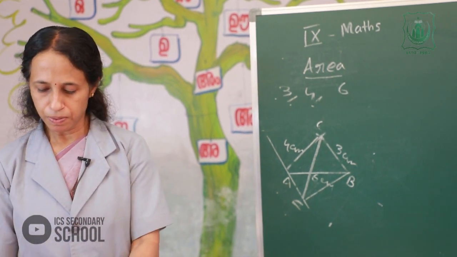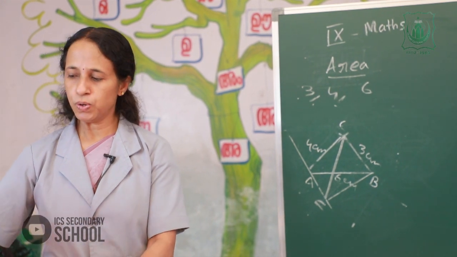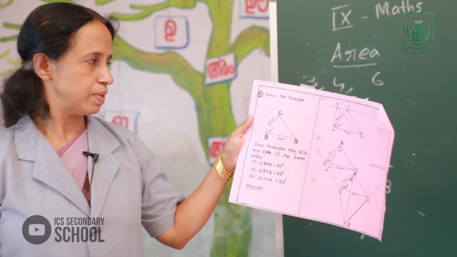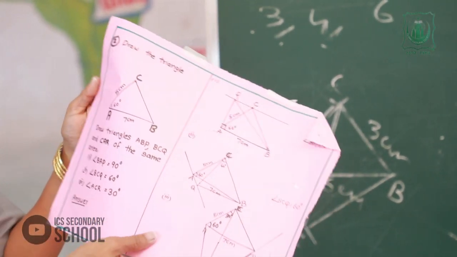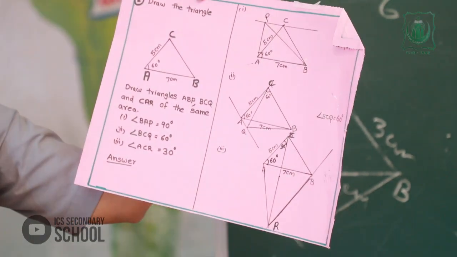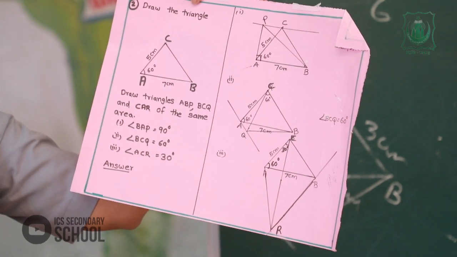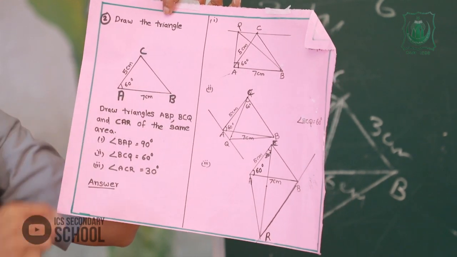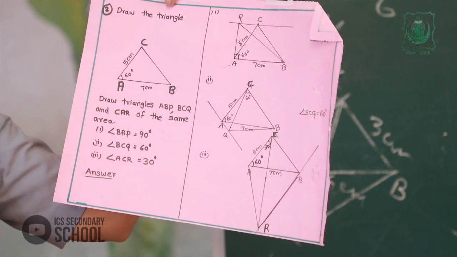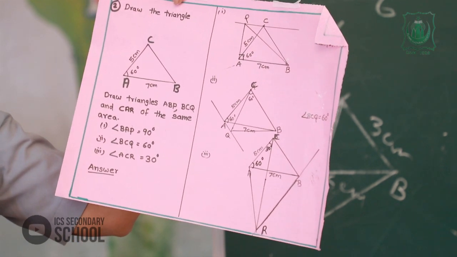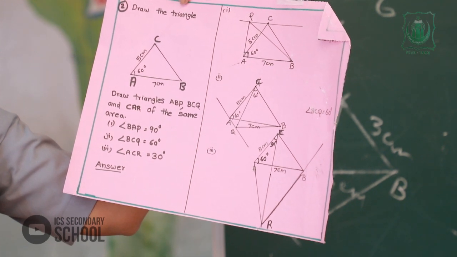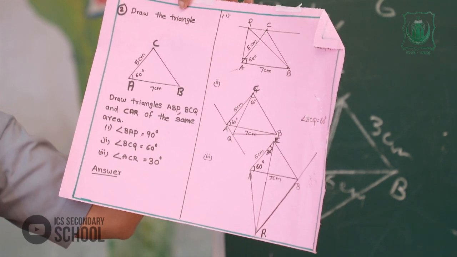Next, draw the triangle. The measure of the triangle is: length of AB 7 centimeter, angle A 60 degree and side AC 5 centimeter. Draw triangles ABP, BCQ and CAR of the same area.